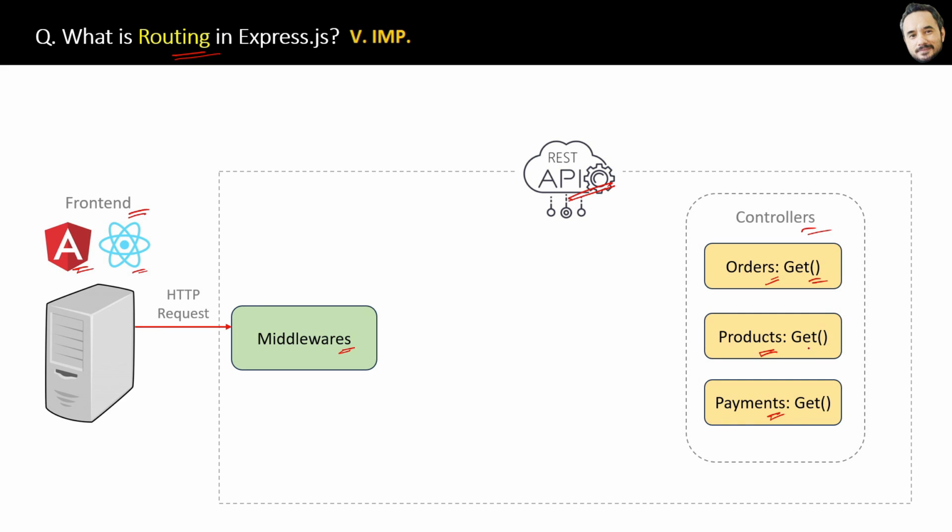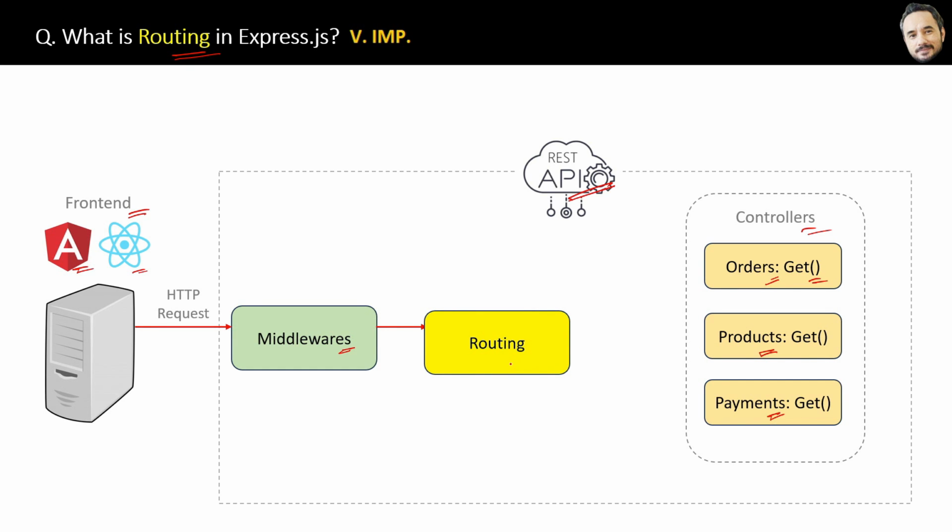Now the question is how it will be decided which kind of request will go to which controller method. For that, we have routing after the middleware. Now listen carefully.